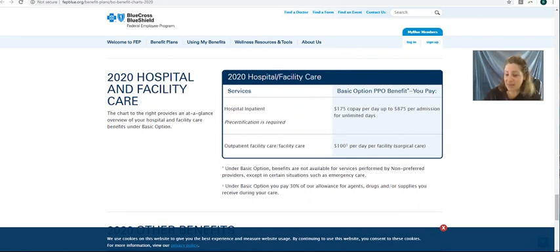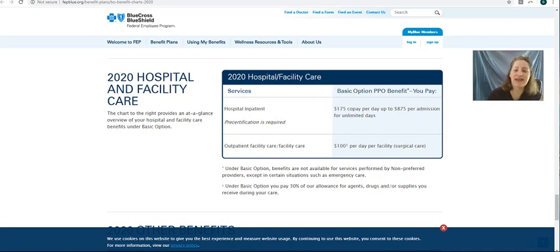So if I get admitted to the hospital, I'm going to owe $175 per day up to $875. And then I won't owe anything more. So let's say I stay in the hospital for 2 weeks because I have something really, really wrong with me. My bill's going to be $875. Yeah, that's a lot of money, but it could be bigger. At least there was a limit.